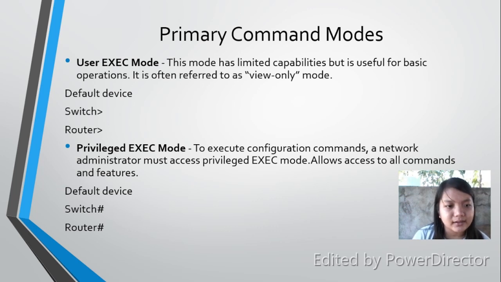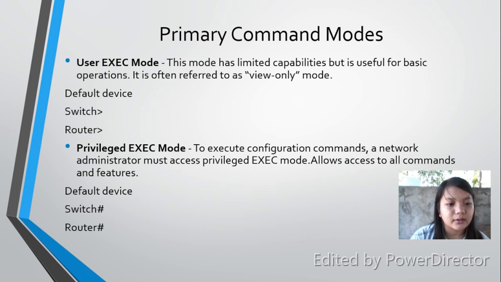The default prompt is the switch followed by the greater than sign, or the router followed by the greater than sign. Then privilege exec mode. To execute configuration commands, a network administrator must access privilege exec mode, which allows access to all commands and features. If we are in the user exec mode, we type enable to go into the privilege exec mode.